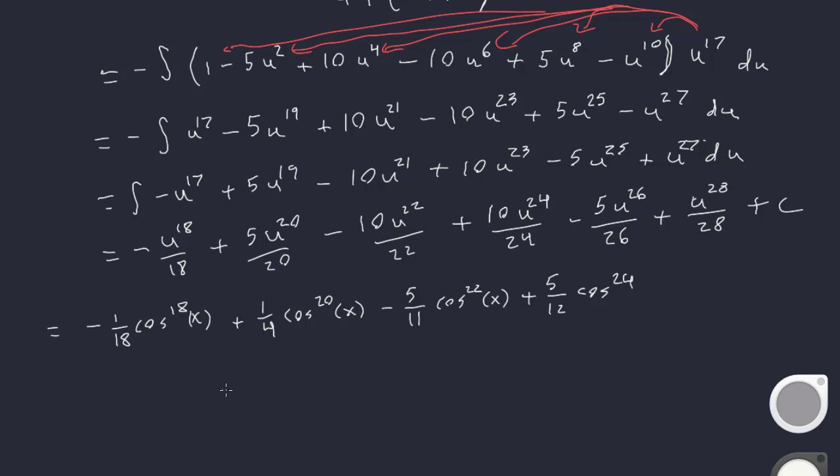Let me finish it off down here. Minus 5/26. I don't think that simplifies at all. Cosine to the 26 of x. And then plus 1/28 cosine to the 28 of x plus c. Whew, okay, got it.